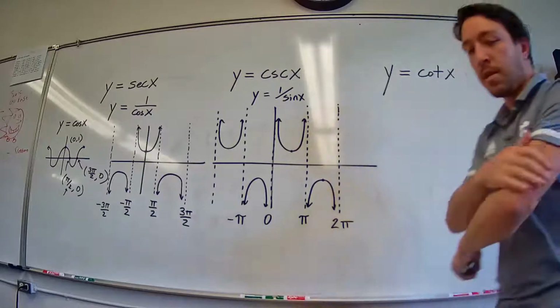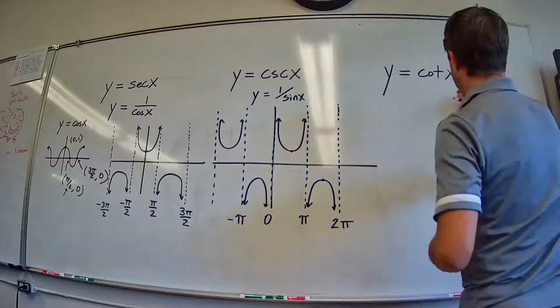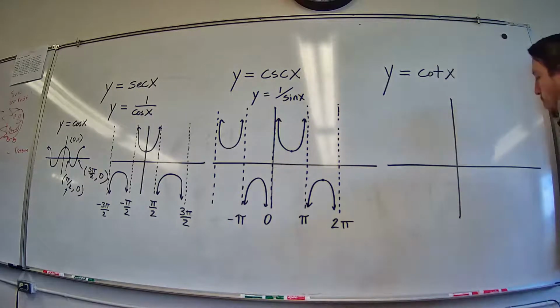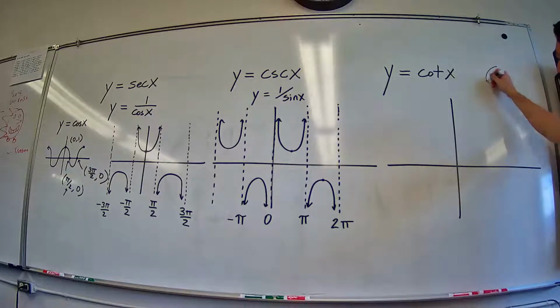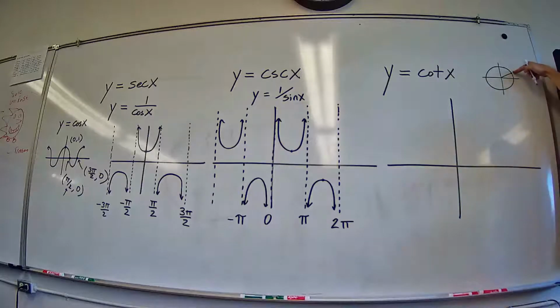Okay. Cotangent time. This one might be interesting to you, maybe. Okay. Thinking unit circle-y. Hope we all recall, how do you get the cotangent? So this point had an x and a y value.